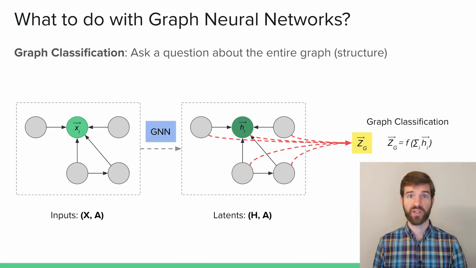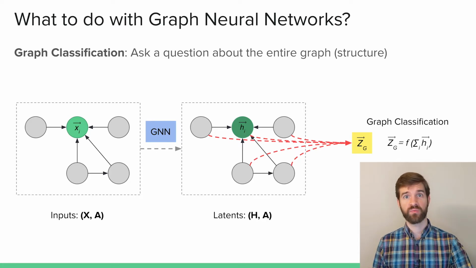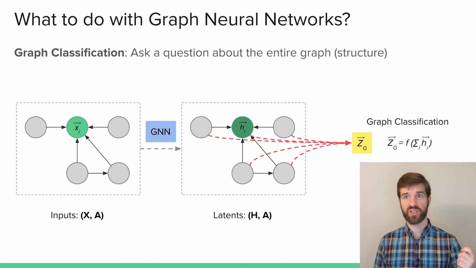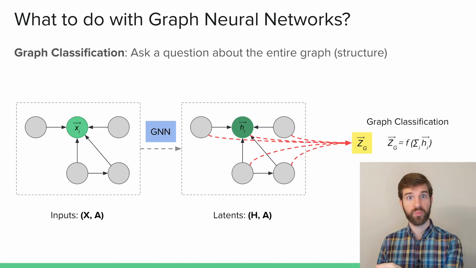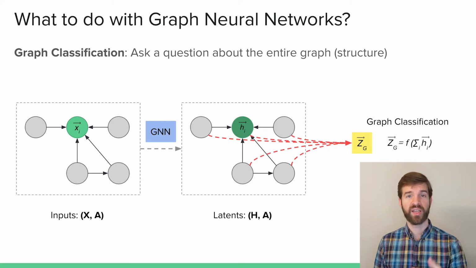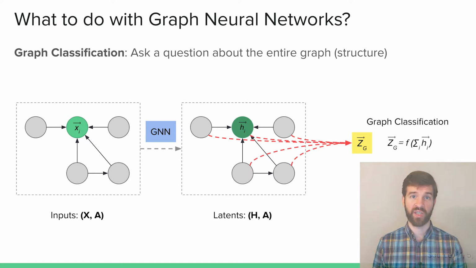One example where this could be meaningful is if you talk about chemical compounds and certain properties of them. You could try to ask the question, this chemical compound, does it have a certain property? Does it, for example, inhibit certain bacteria? Therefore, it would have some antibiotic effect. And this is something that we will see also later. This would be called graph classification.